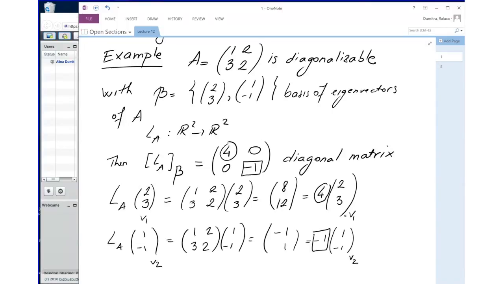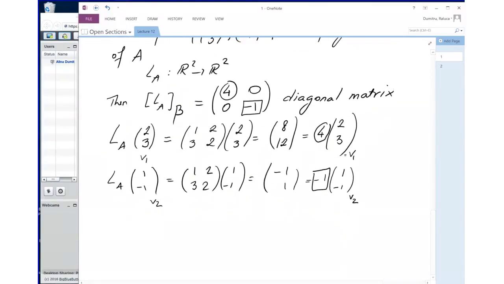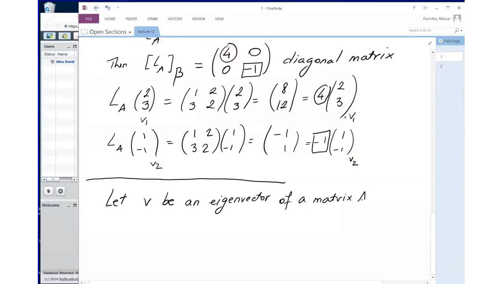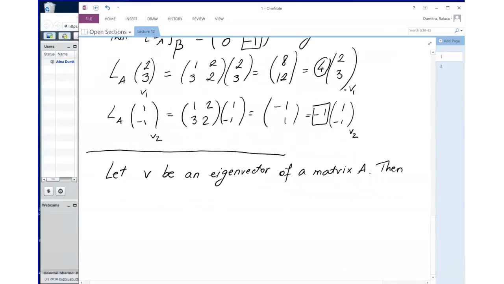Okay, so I'll look at matrices now. Let's say that V is an eigenvector of a matrix A. What that means, according to the definition, is that it is in fact an eigenvector for L sub A. That's how it was defined.